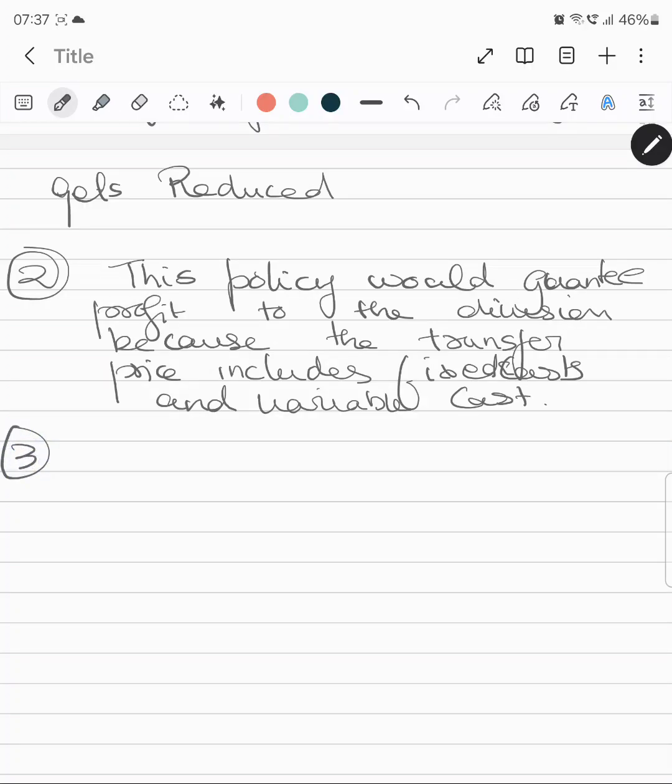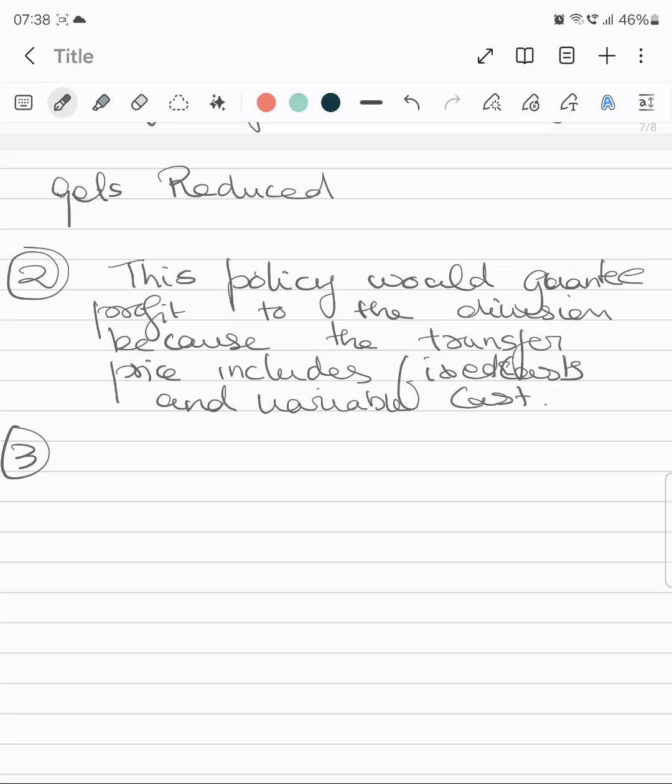Now what shall be the third point? One of the major problems is that, see, variable costs are based on per unit, right? But in case of fixed cost, it's not.